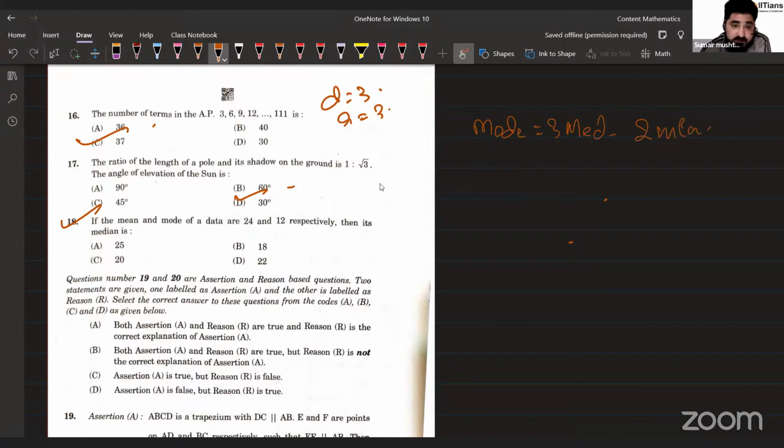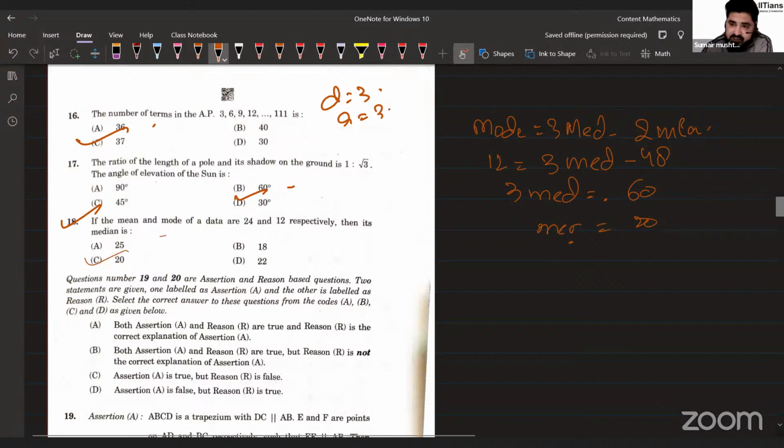Mode is given as 12, which is equal to 3 times median minus 2 times mean. Mean is 24, so 2 times mean is 48, right? Take it on the other side. 3 times median is 60. So median is equal to 60 upon 3, that's 20. This is the answer. Okay.